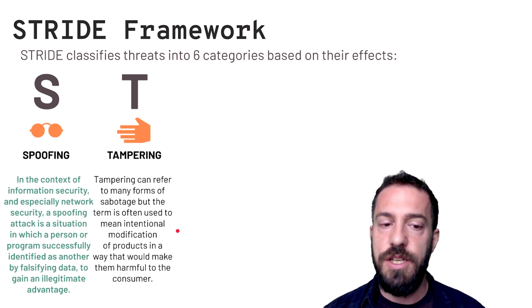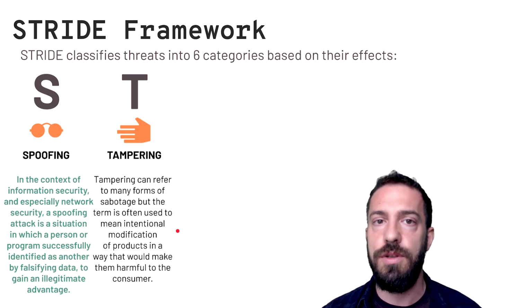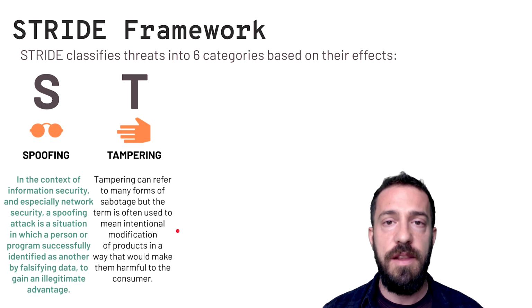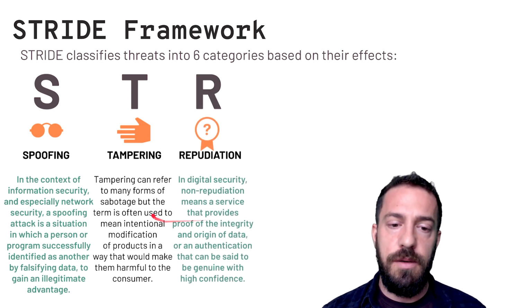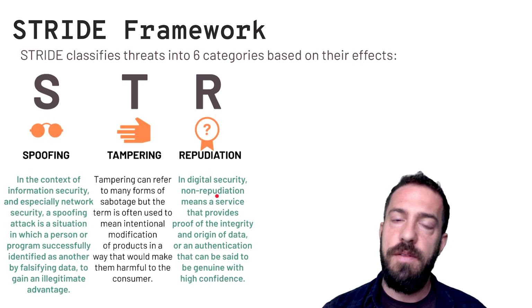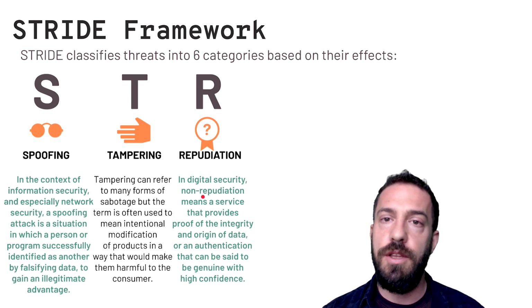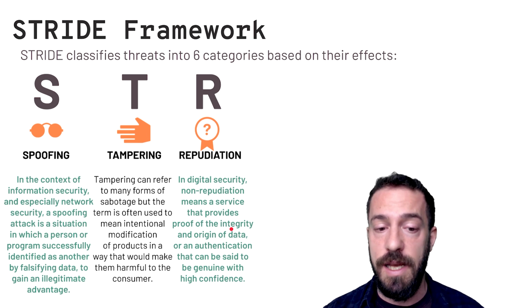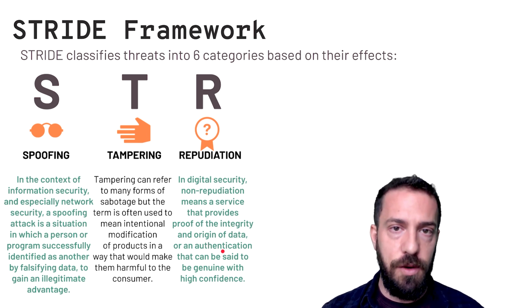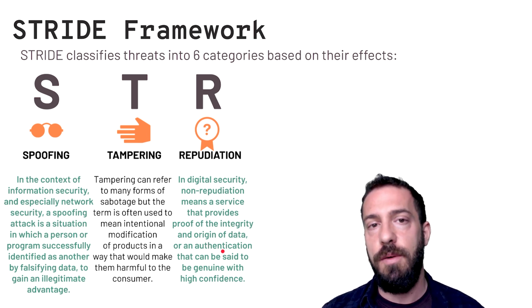It is intentionally modifying something that can cause some harm further down the chain. R stands for repudiation. Remember, from information security, non-repudiation means a service provides proof of the integrity and origin of data, or authentication that what you got is genuine with high confidence.